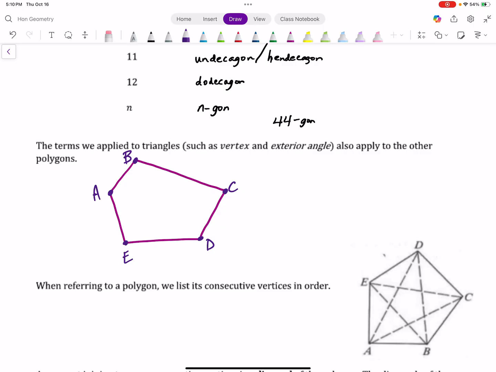So we got our vertices. An exterior angle, just like on a triangle, is you take a side and you extend it, and then it's that angle right there. So this is your exterior angle, formed by the extension of that one side and one of the adjacent sides. Okay, so like we could say right here, C is a vertex.